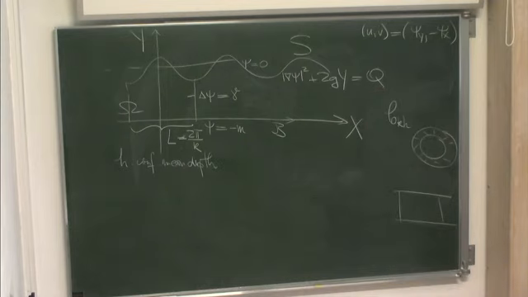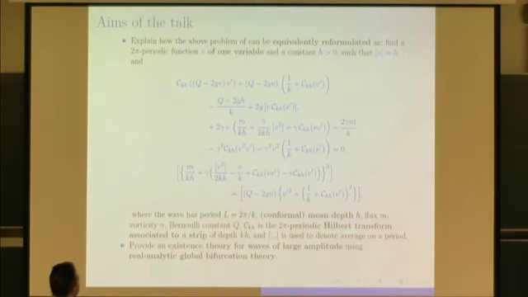And you see all these other constants that I had in the equation: the gravitational constant, the Bernoulli constant, Q, the flux, M. These square brackets throughout the talk will denote the averages of periodic functions.